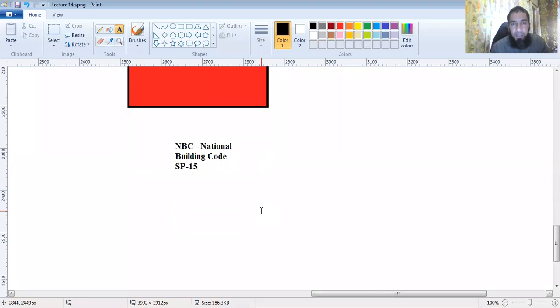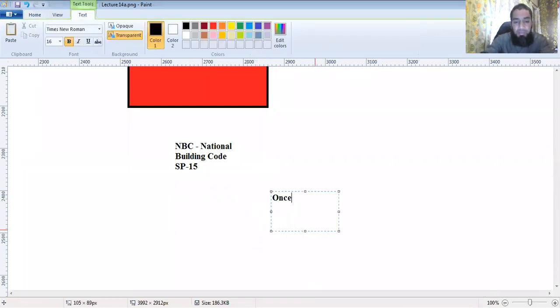And for fire resistance, what does it say? It says that once you are designing the columns, you need to take into account what type of building class you are designing.